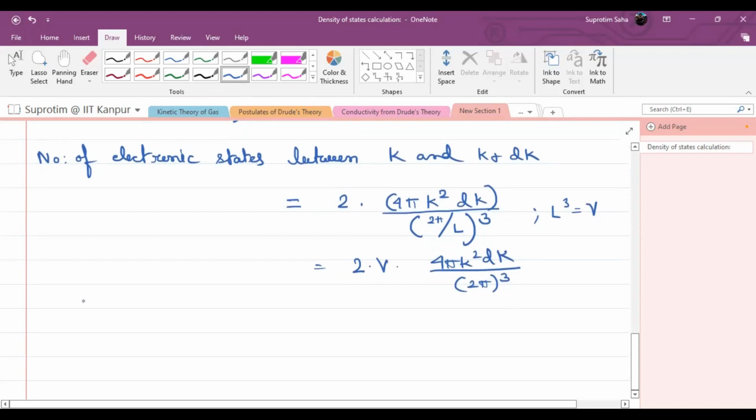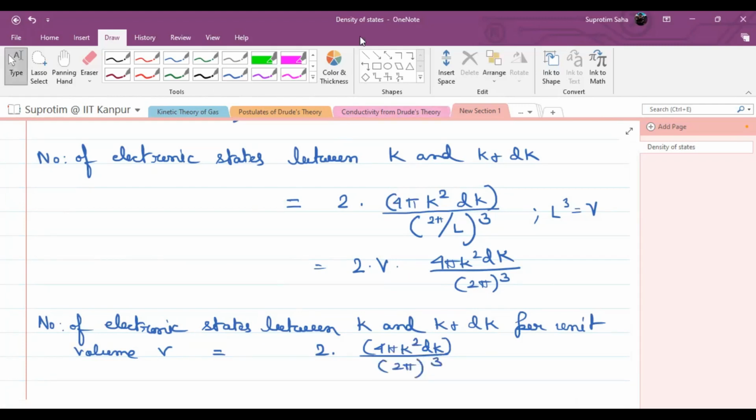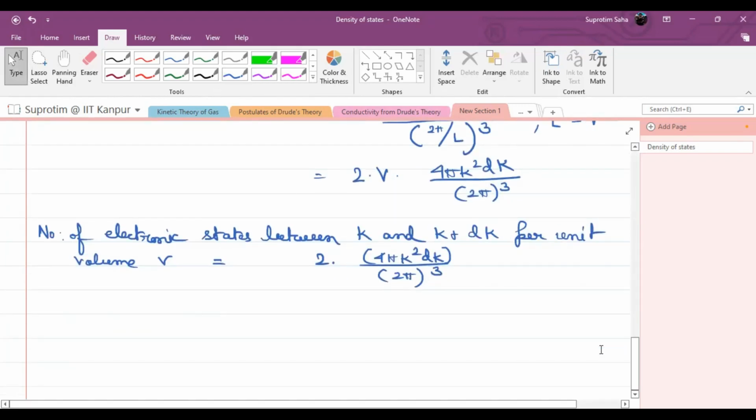So you can simply write that the number of electronic states between k and k plus dk per unit volume V is twice 4 pi k squared dk over (2 pi) cubed. Fine.